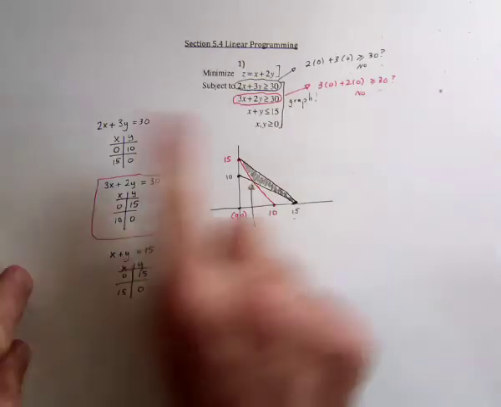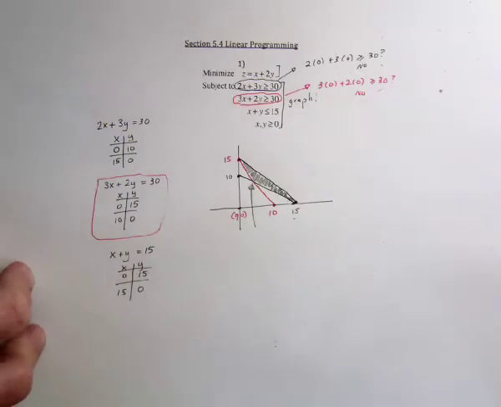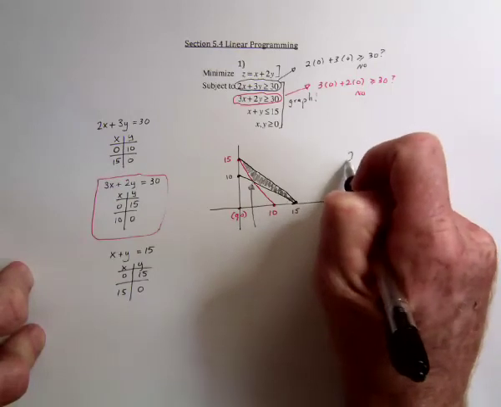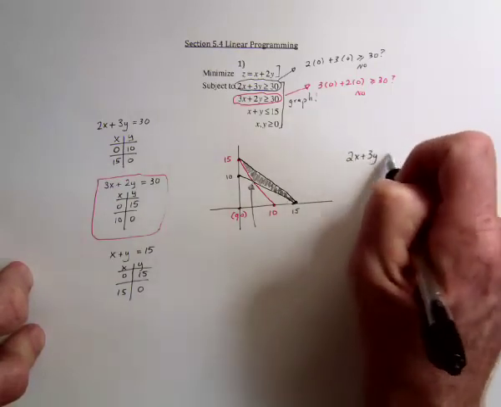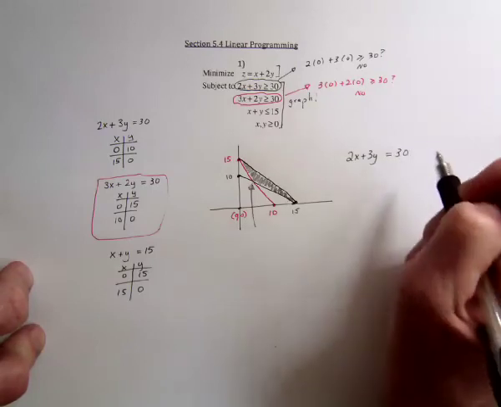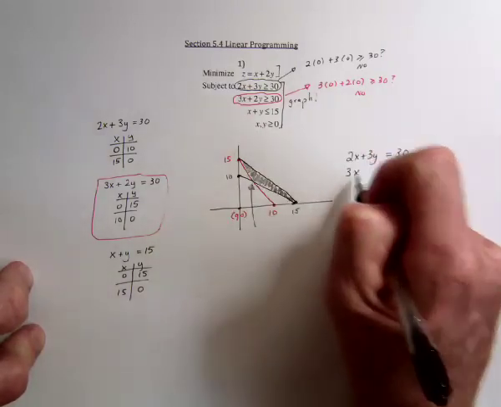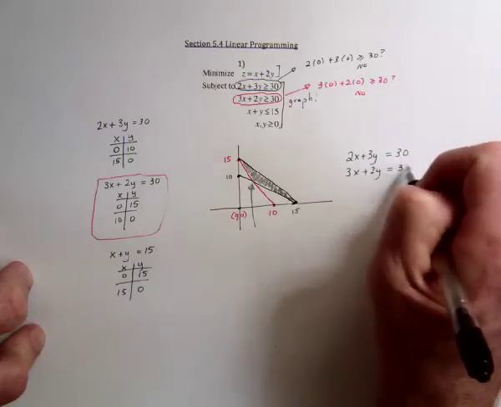So where do the black and the red line intersect? So now we need a system of equations: the black line 2x plus 3y equals 30, and this one 3x plus 2y equals 30.